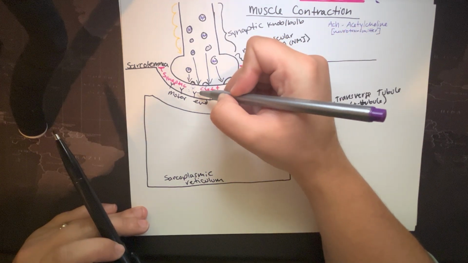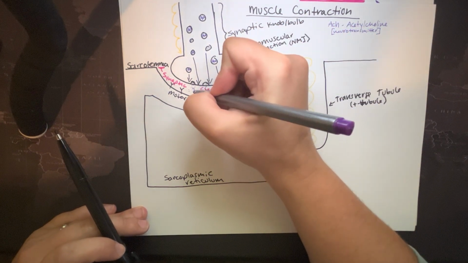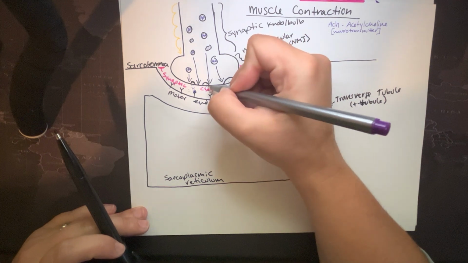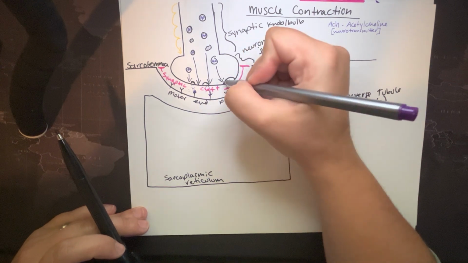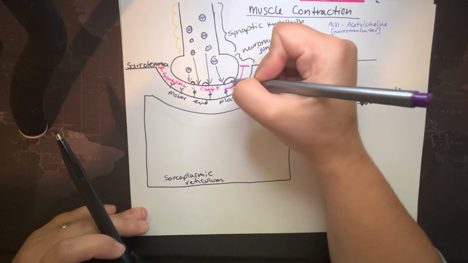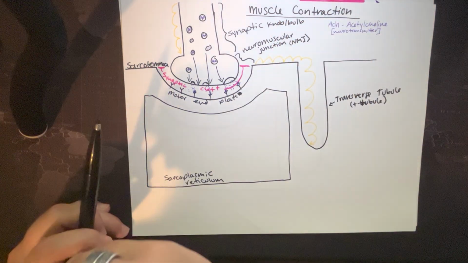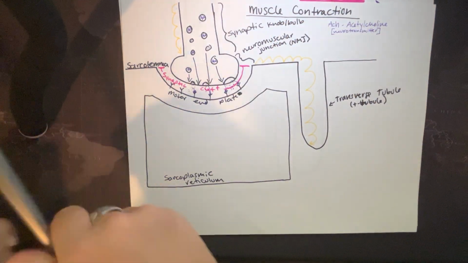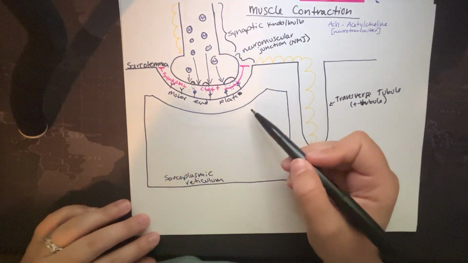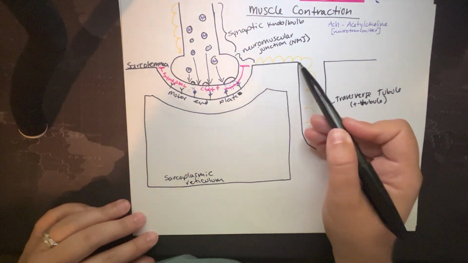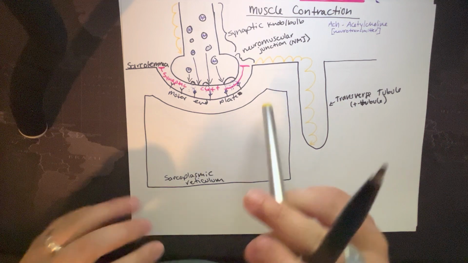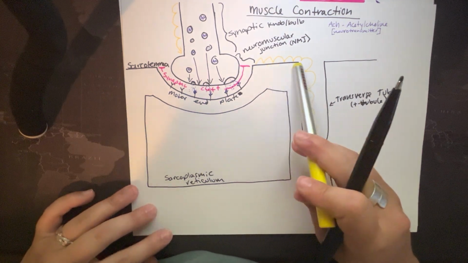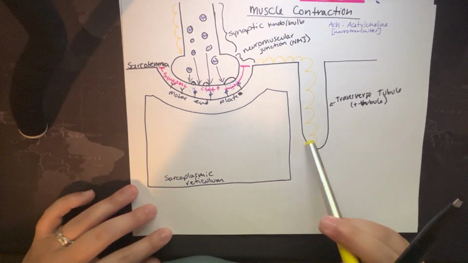Once they are in the synaptic cleft, then they can bind to the receptor. And once the receptors have acetylcholine bound to them, that tells this muscle cell, oh, we need to start sending this signal. So then this signal travels along the sarcolemma into the transverse tubule.